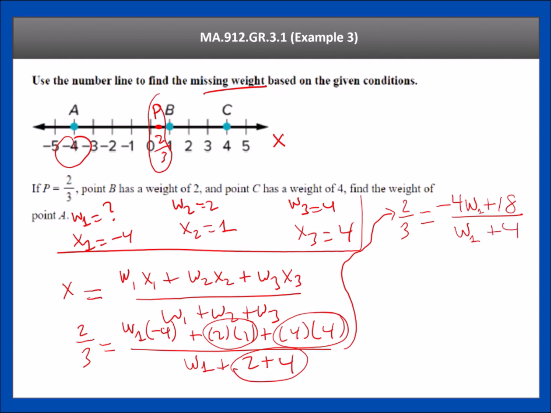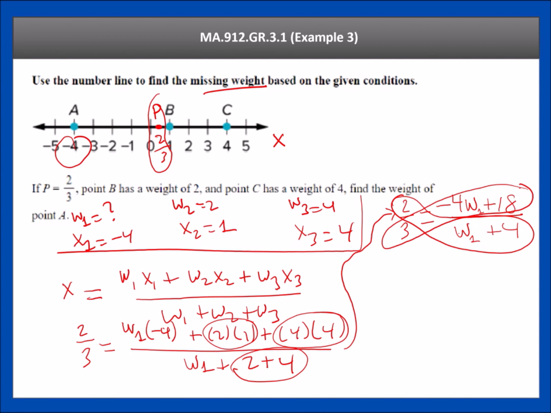W1 plus 4. All right. So we have two fractions that are equal to each other. So in algebra, what we would do is we would cross multiply. Okay, so we're going to cross multiply these two things. So this times that equals this times that. Cross multiplication. So we got 2 times W1 plus 4.